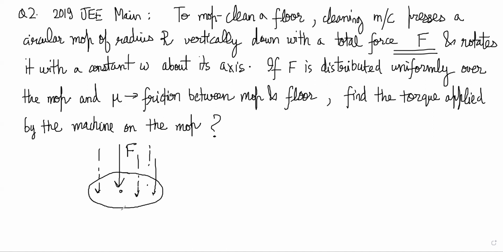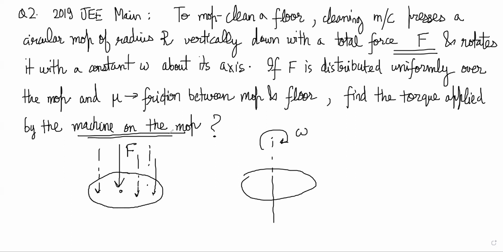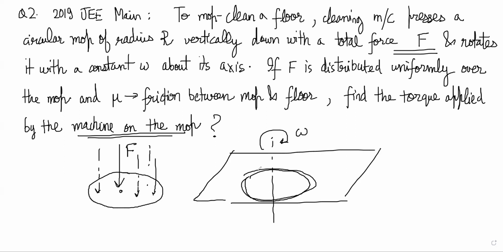And now you also are rotating the mop with a constant speed omega about its axis. Once you are rotating the mop, you have to calculate the torque applied by the machine on the mop. The ground is obviously an XY plane like this, and there is friction between the ground and the mop. The coefficient of friction is mu.